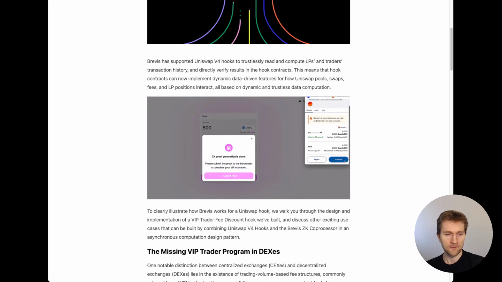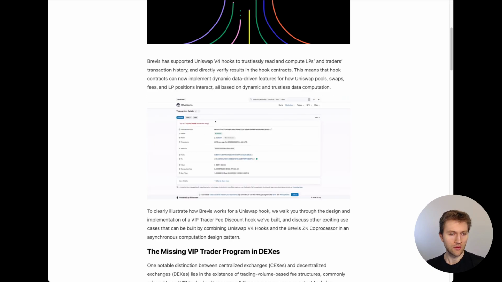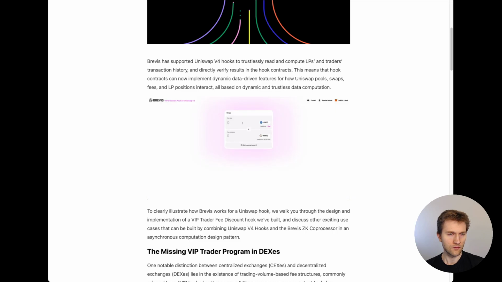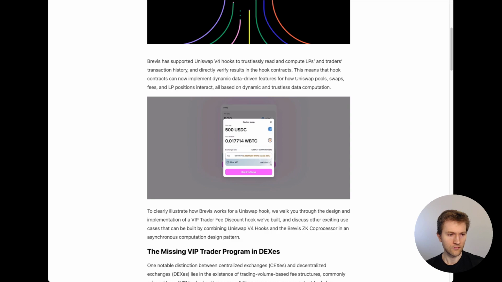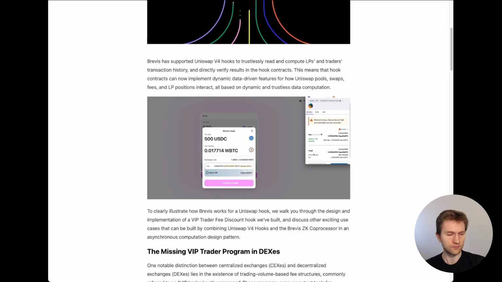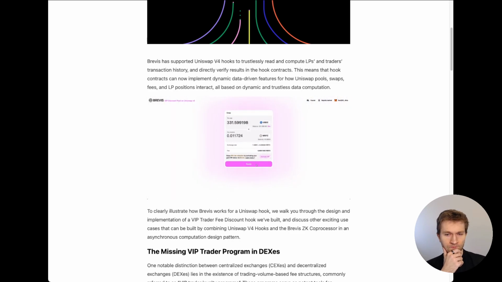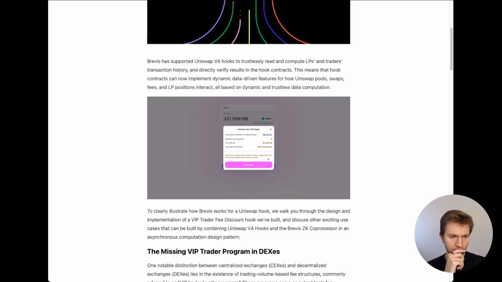Contract to verify. You can also view the result of your ZK proof verification on-chain. As you can see, we have successfully verified our Uniswap sum volume proof in the hook contract. Once verified, you can trade with a 20% Silver VIP discount. The specific VIP tier and discount are based on a user's total trading volume over the past 30 days. A user gets a 50% discount as a Gold VIP when they have traded more than $1,000.